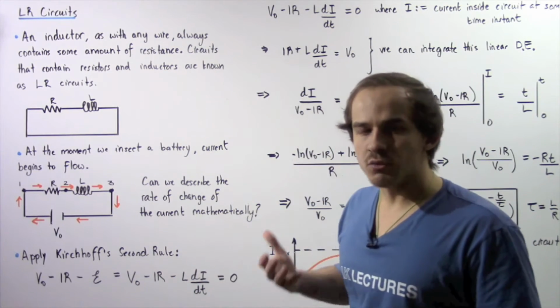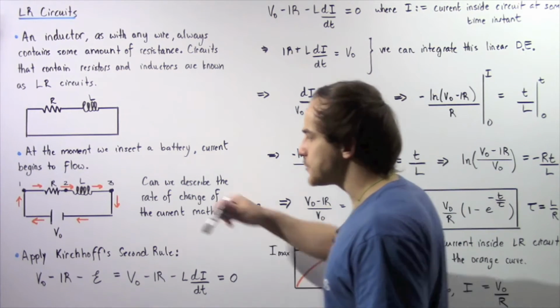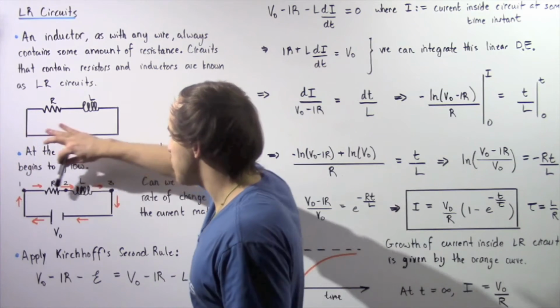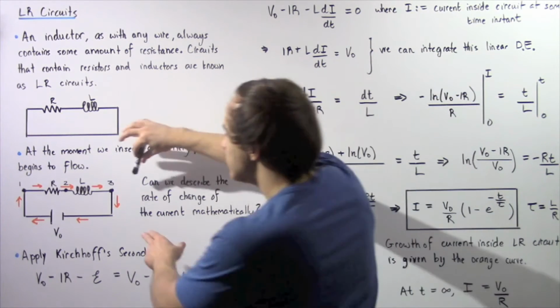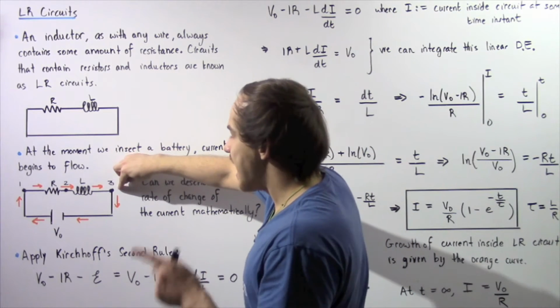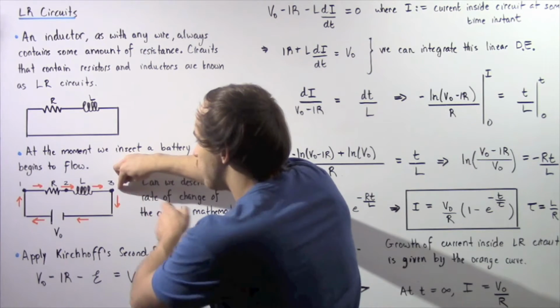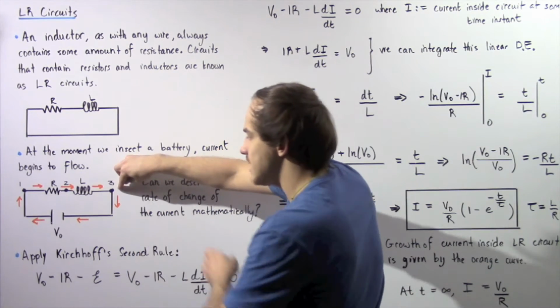Kirchhoff's second rule basically states that the sum of the voltage differences across any loop within our circuit is always equal to 0. So let's begin with point 3. Let's suppose our electric current is found at point 3. At this point, we define our voltage to be 0.